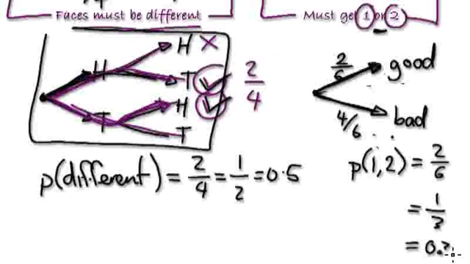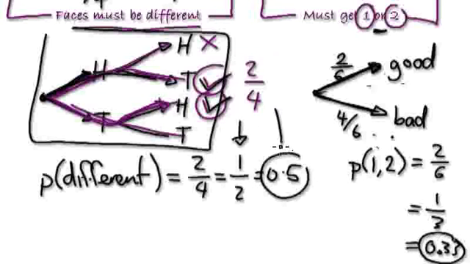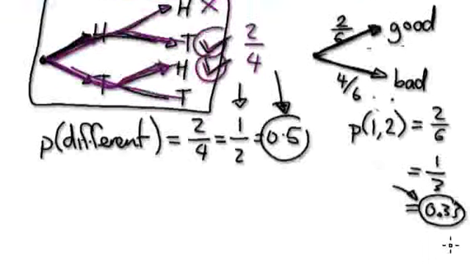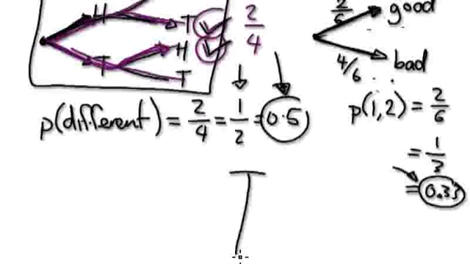That's about 0.33. With fractions it's quite hard to compare, so look at the decimals. The probability of this is 0.5. The probability of this is 0.33. So if you draw the diagram here, this is 0, this is 1, and 0.5 is here.